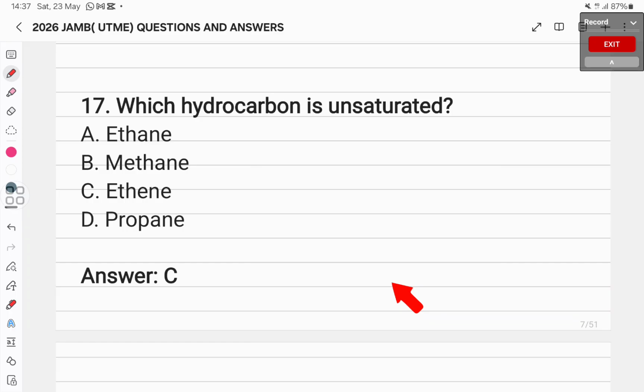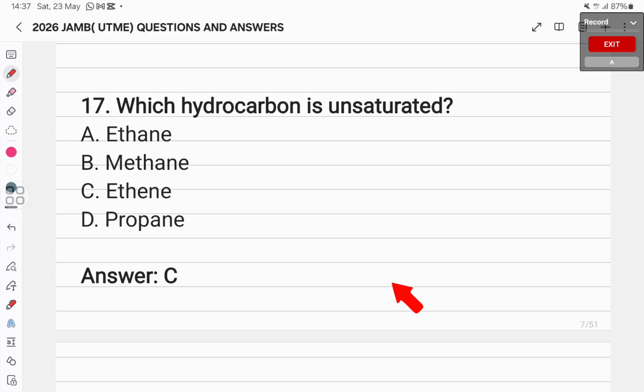Don't forget what hydrocarbons are. Hydrocarbons are a group of organic compounds that contain only carbon and hydrogen atoms in their molecules. There are other organic compounds that contain more than carbon and hydrogen, so we don't call them hydrocarbons.